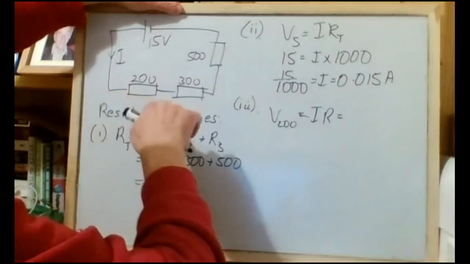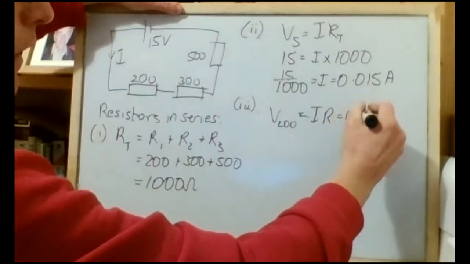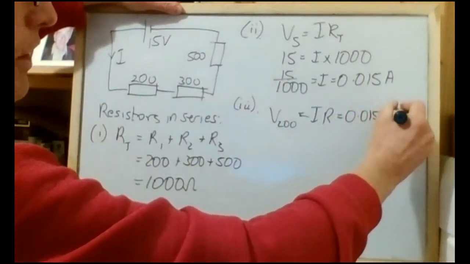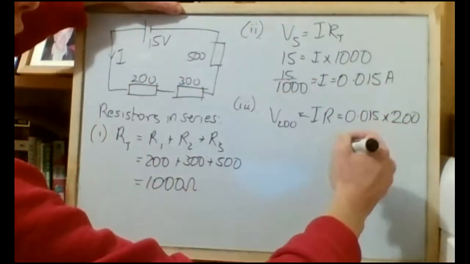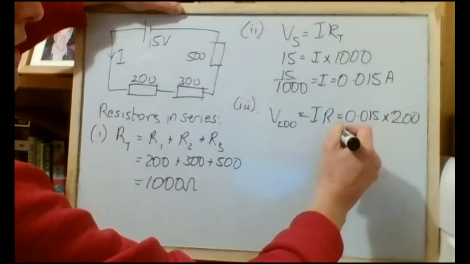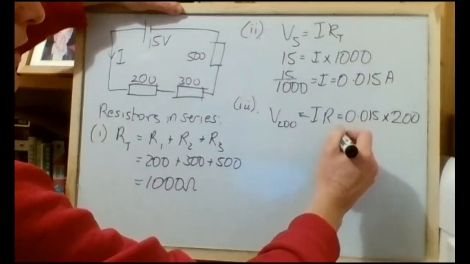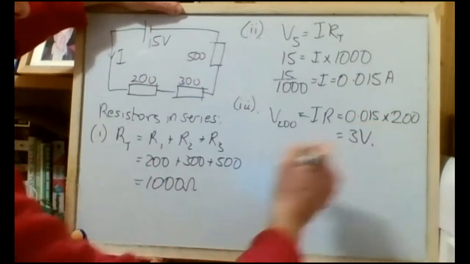What's the current flowing through it? And what is the size of the resistance? It's 200. And what we get from that, if I've done my maths correctly, is 3 volts.